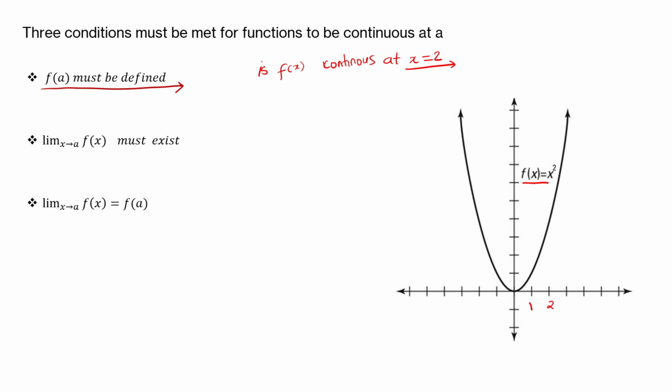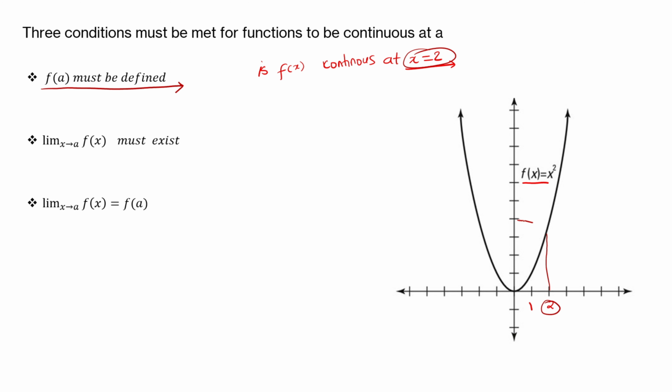This simply means that whenever you put in the particular x value that you are evaluating at, you must get a certain y value. What do I mean? For example, here, when x equals 2 on the x-axis, the graph will yield a value somewhere around 4. This is a parabola given by f of x equals x squared, so we expect to find 4 here.